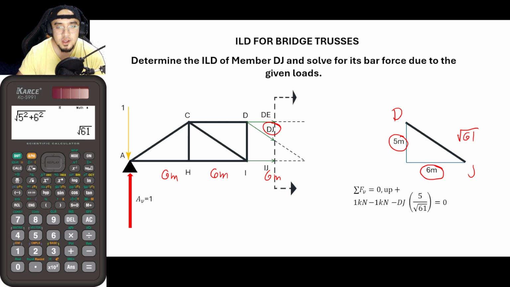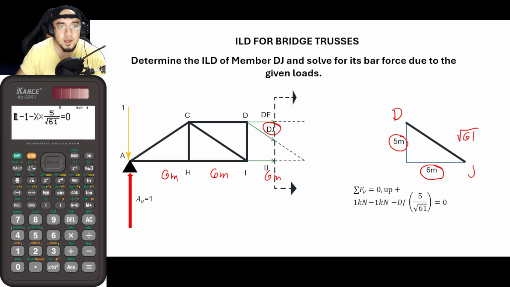Then solving for DJ, looking at the calculator to your left, so this is now 1 minus 1 minus DJ, if I am to make use of the shift solve command, times x times 5 over square root of 61. This is now equal to 0. Then shift solve. The answer is 0. Okay?